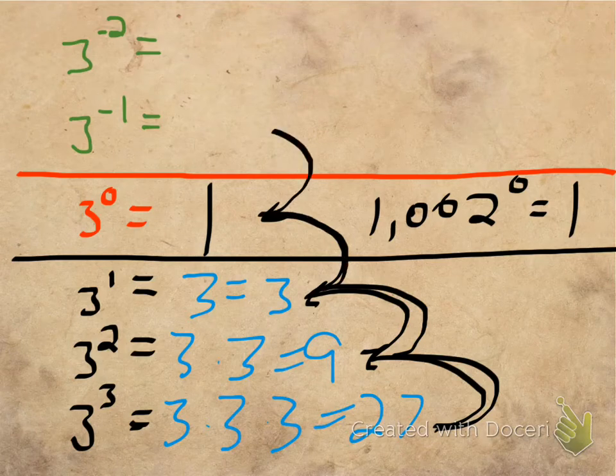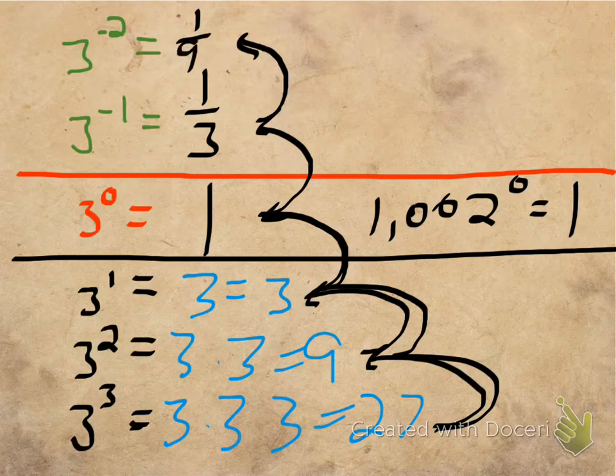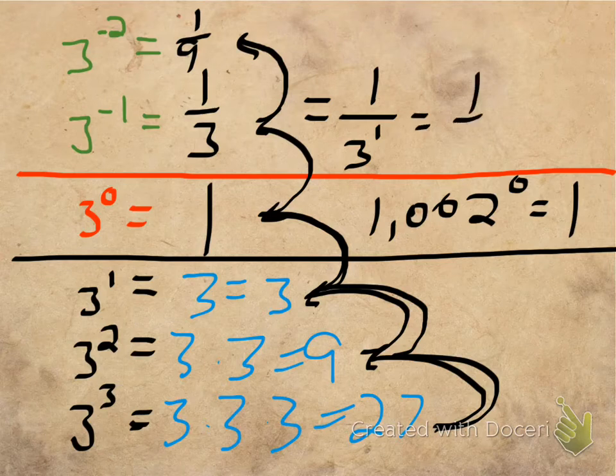1 divided by 3 is 1/3. 1/3 divided by 3 is 1/9. You kind of see a pattern there. This really equals 1 over 3 to the 1 power, which is 1/3.